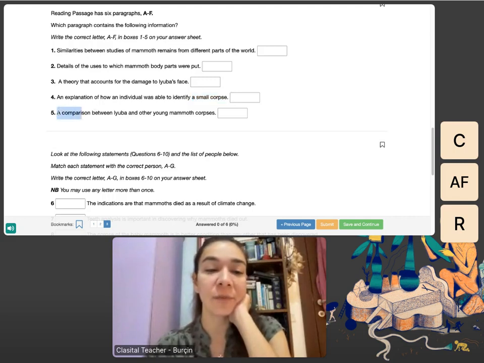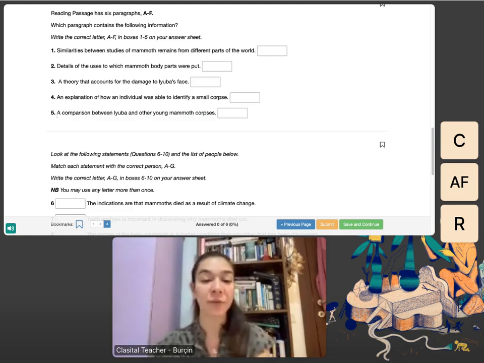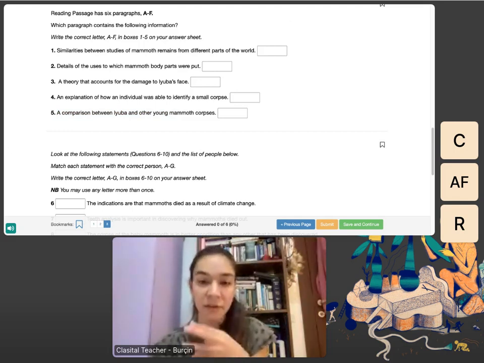And in 5, it says a comparison between Luluba and other young mammoth corpses. So I will see a comparison between Luluba and the other mammoths. So maybe it can be my keyword. It can differ in this way.